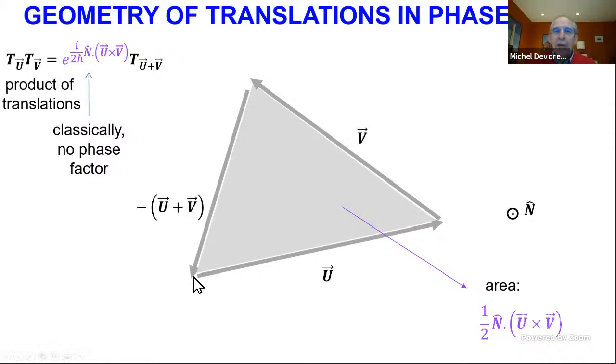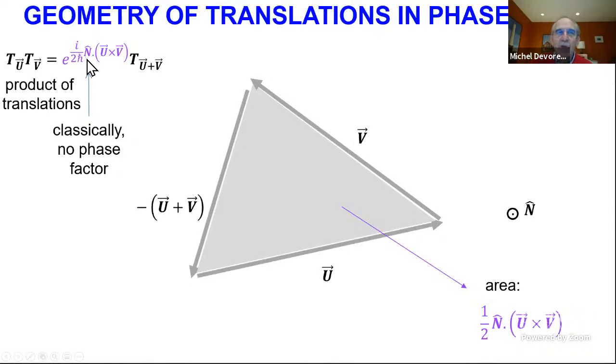So classically, if I make a closed loop in phase space, if I move, let's say, a representative point of the system, let's say along the U vector, then along this V vector, and then I come back, classically, my system returns and is absolutely identical. Quantum mechanically, the state of the system receives a phase factor. A phase factor which is actually obtained by the area divided by h bar.